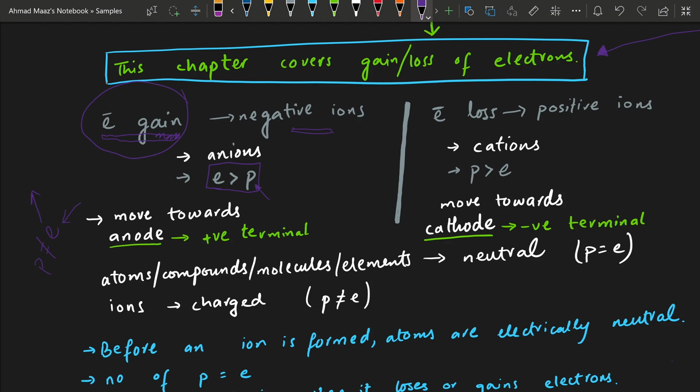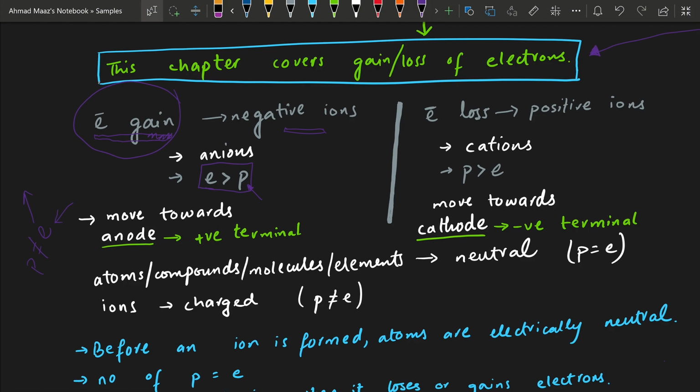Protons or neutrons, they do not leave an atom. They do not leave the nucleus. Only electrons are mobile. Only electron transfer takes place. Only electrons are involved in a chemical reaction. No other species, no protons, no neutrons, take part in a chemical reaction.